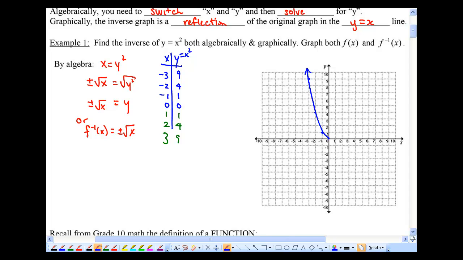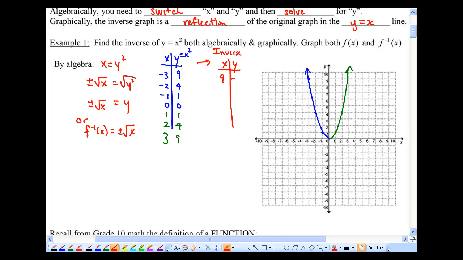Here's this side in blue. 1, comma 1. 2, comma 4, 3, comma 9. Here's my side in green. Notice it's symmetric. Beautiful. And if I were to ask you to now do the inverse, remember for the inverse we just switch the x and y.